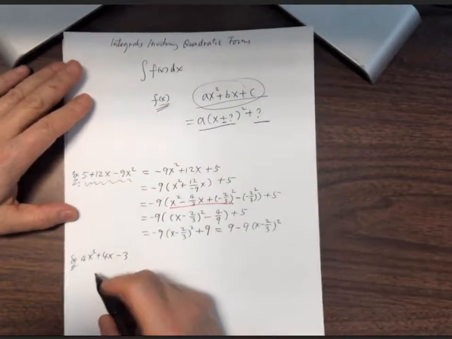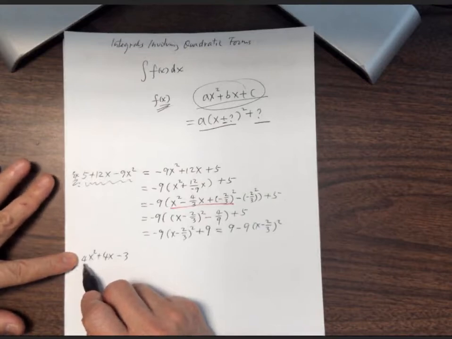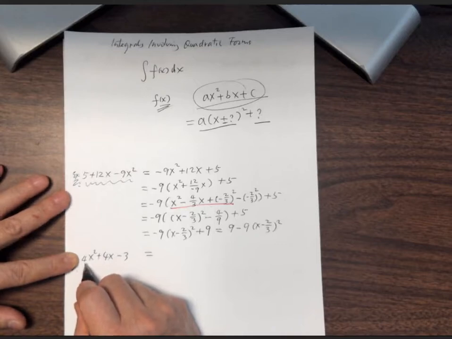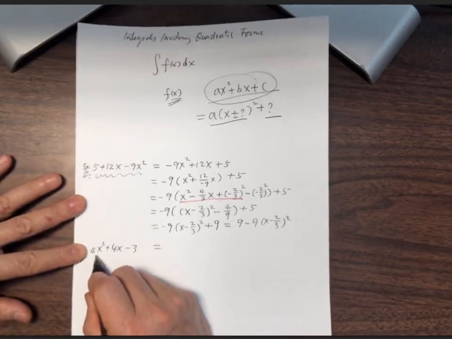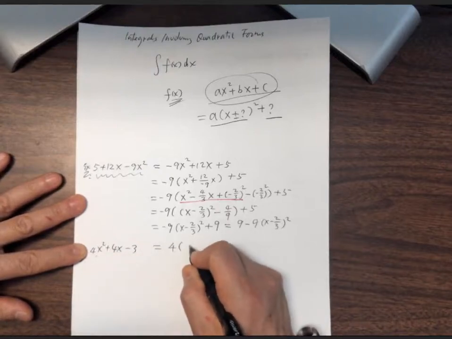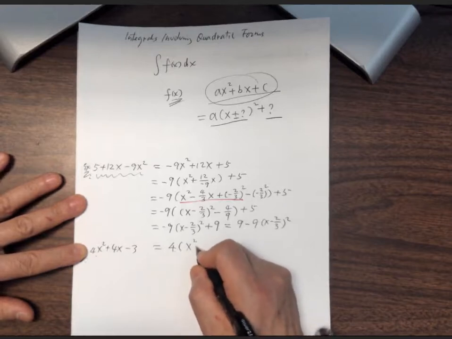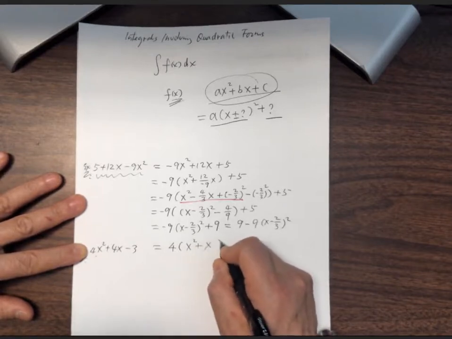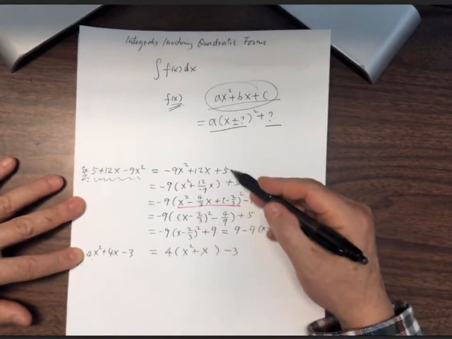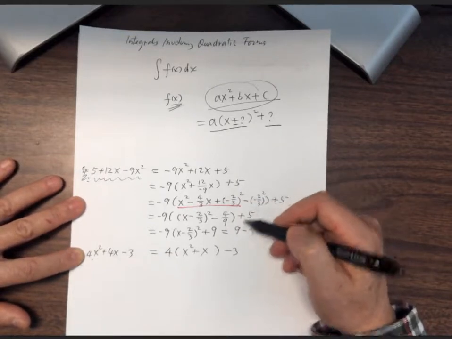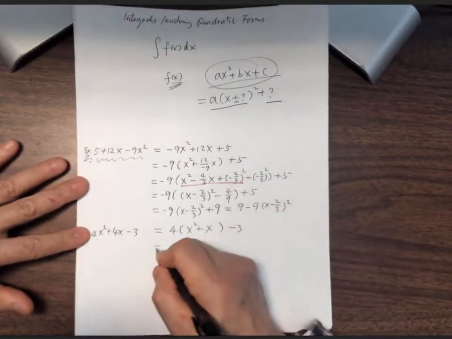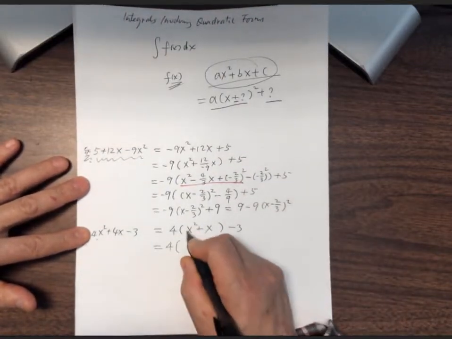Let's see another example. We're given 4x squared plus 4x minus 3. Again, I'm going to factor out the 4 from the first 2 terms, so we turn the coefficient of x squared to 1. The constant term stays. As you saw in the first example, the constant eventually gets combined with some number we throw in there. This time the coefficient of x squared becomes 1.